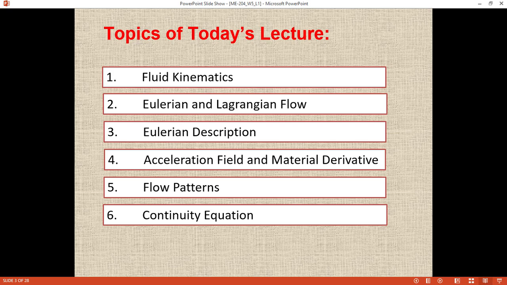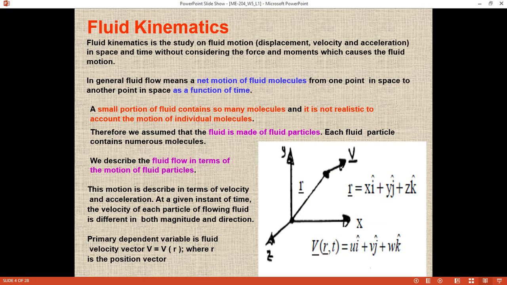Let's see what fluid kinematics is. Fluid kinematics is the study of fluid motion in space and time without considering the forces and moments which cause the fluid motion. So in fluid dynamics there is another component, that is fluid kinematics.